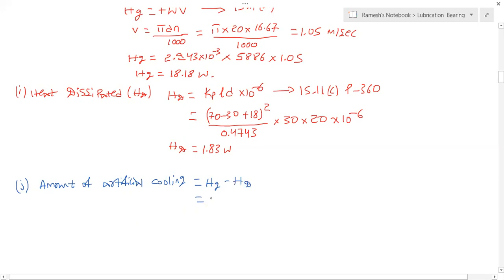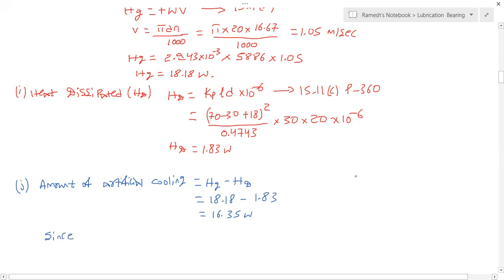How much is the heat generated? It is 18.18 watt or joules per second, minus heat dissipated 1.83. This is equal to 16.35 watt.